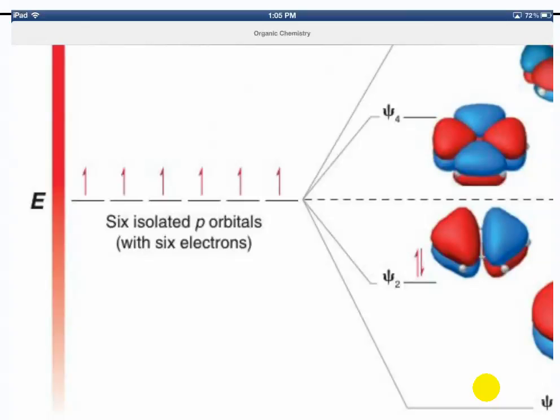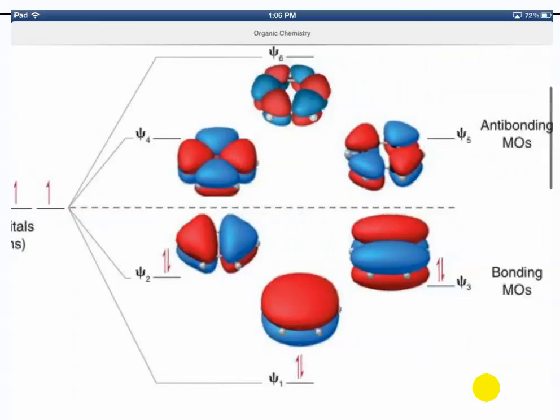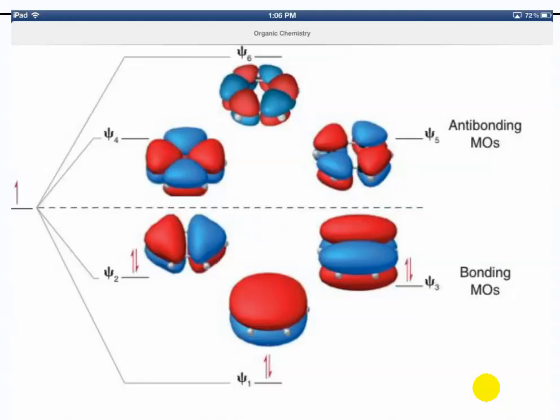Remember, you got 6 free p orbitals, and anyway, you've got 6 p orbitals, and remember when we talked about hexatriene, we said that those 6 would now form 6 molecular orbitals, going from 1, 2, 3, 4, 5, 6. And remember, we filled those things up, and I'm sure you've been working on that in your homework and all of that. Well, benzene is a little bit different because of the symmetry. So here are the molecular orbitals of benzene.